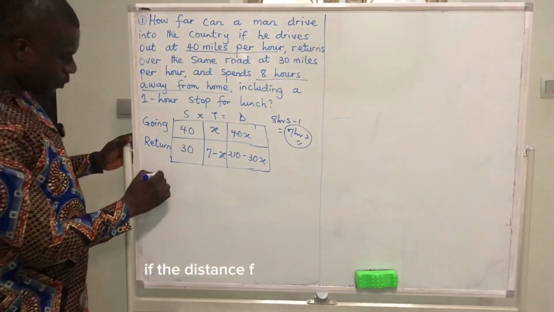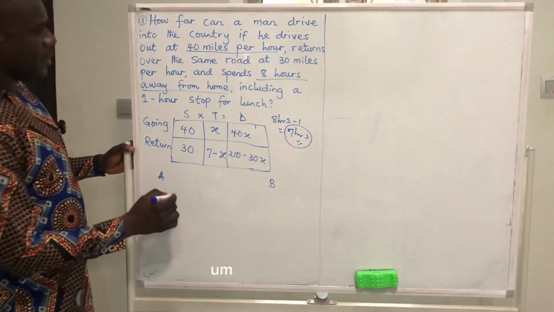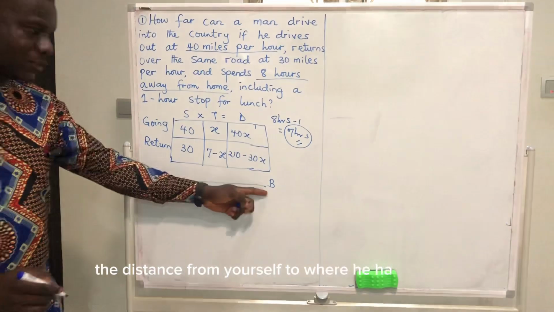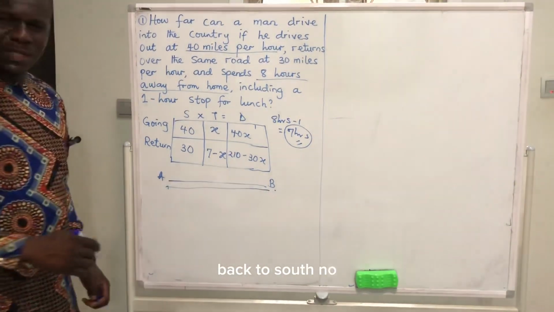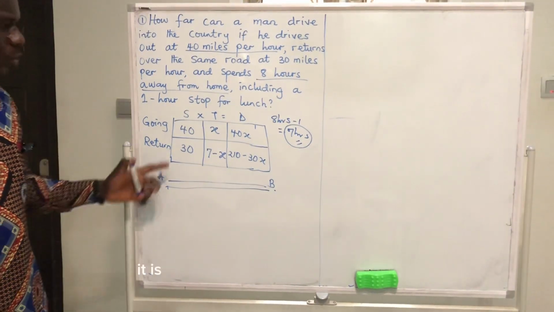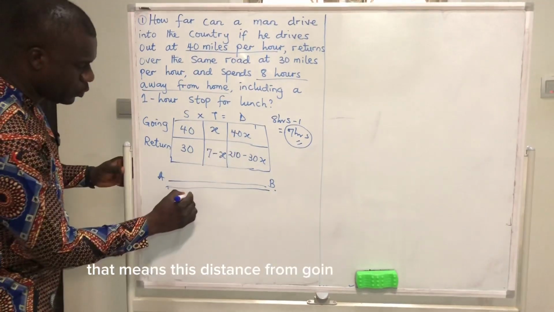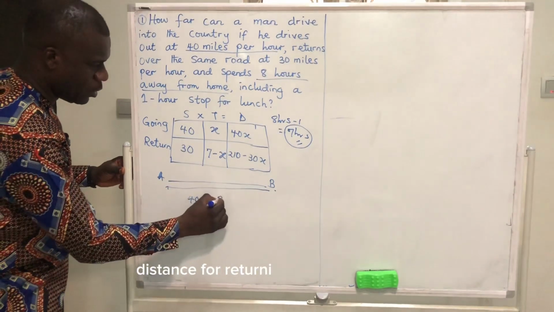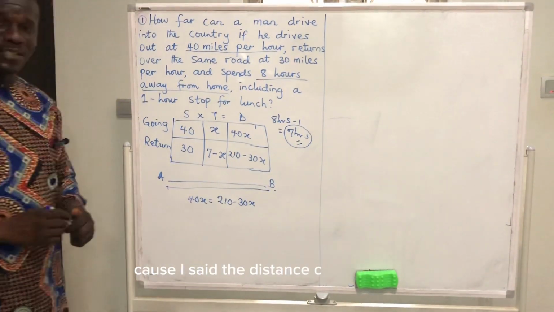The distance from his house to where he has gone, and from where he has gone back to his house, is the same. Distance does not change. It is only speed or time that can change. That means the distance for going, 40x, is equal to the distance for returning, 210 minus 30x.